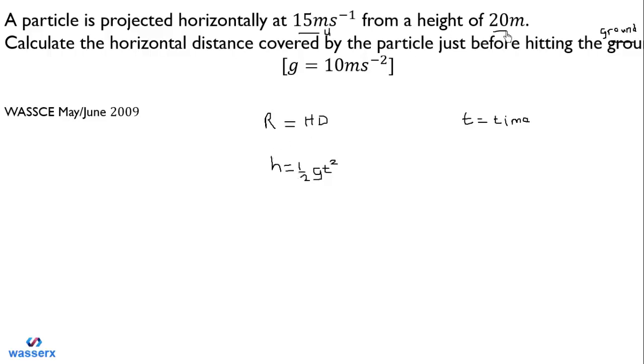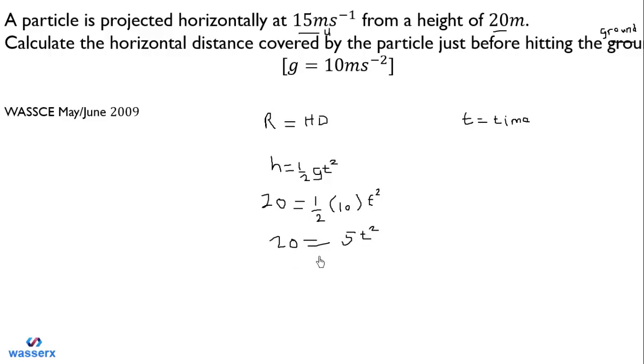The height is 20 meters, so we have 20 is equal to half of g, which is 10, times time squared. So we don't know, so we just keep it like that. Now this will give us 20 is equal to half of this is 5t squared.